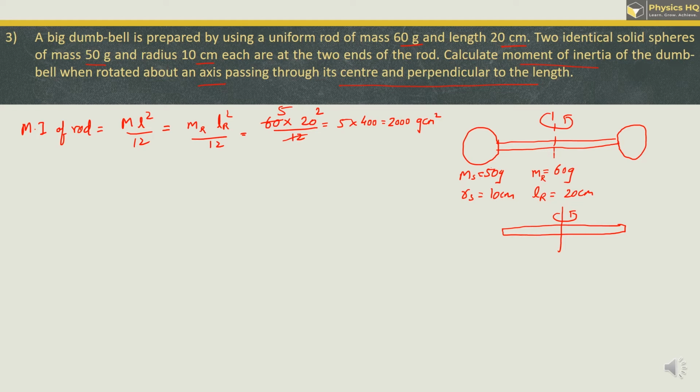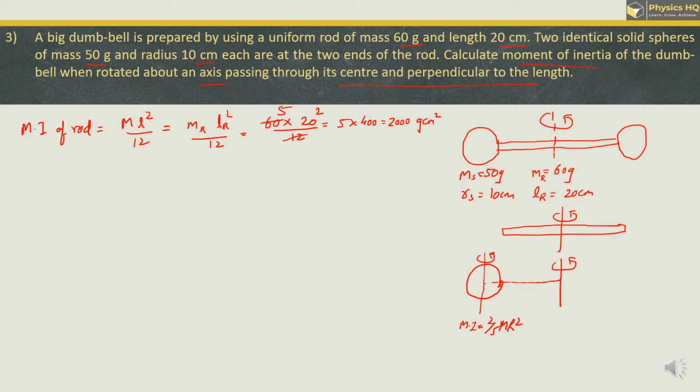Now let us talk about moment of inertia of the spheres. Okay, so moment of inertia of a sphere about an axis passing through its center is given by 2/5 mr^2. But we want moment of inertia about an axis which is present over here.